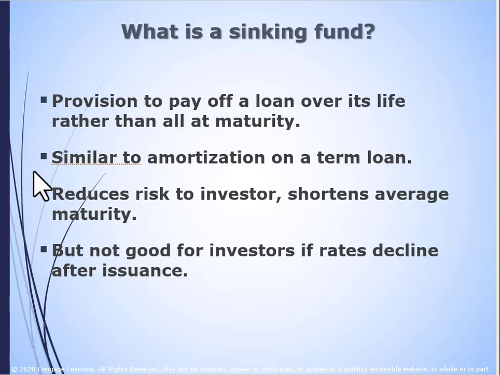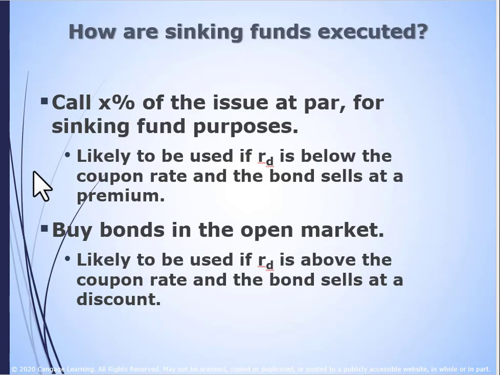So obviously, this is a way for the companies to make sure they have enough money to pay off the debt, but also to systematically determine when they're going to buy off this debt. So how would you do this sinking fund?